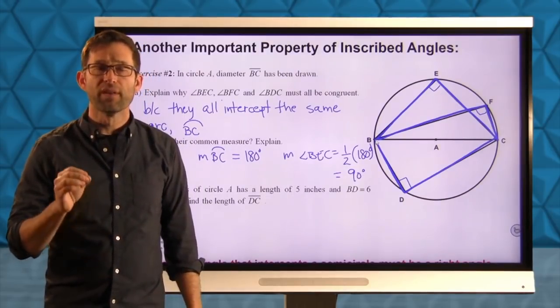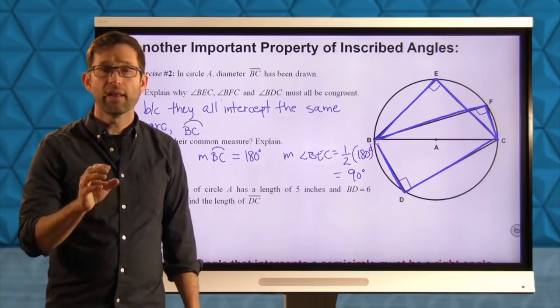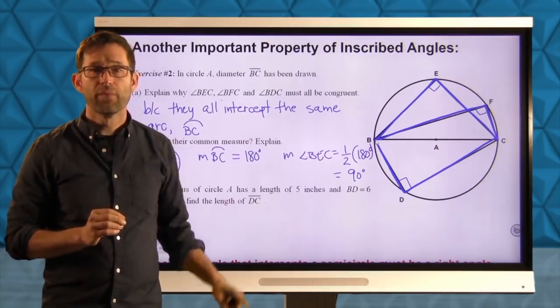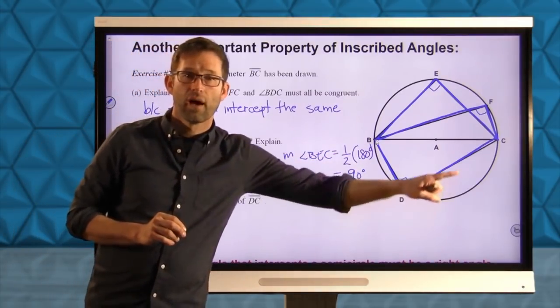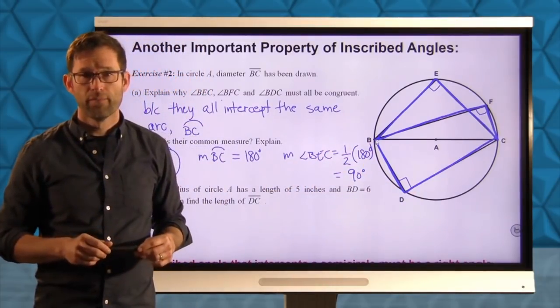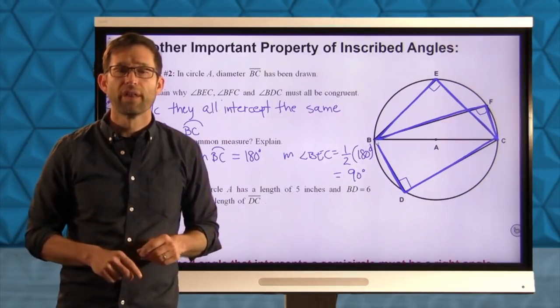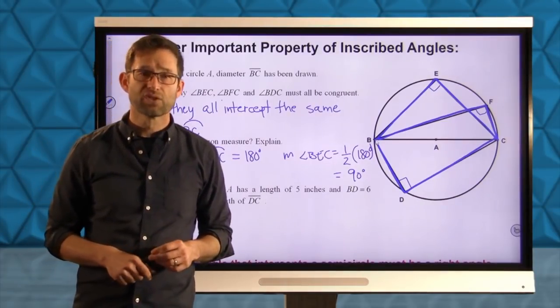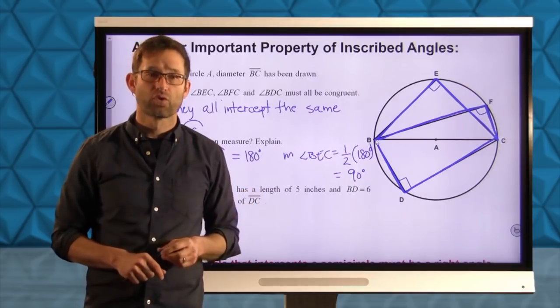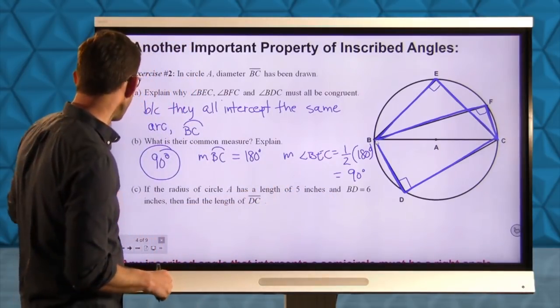This is the property that says that any inscribed angle that intersects a half of a circle must be a 90-degree angle. Another way of putting it is any triangle that is inscribed in a semicircle must be a right triangle. Must be a right triangle if it's kind of got this configuration.